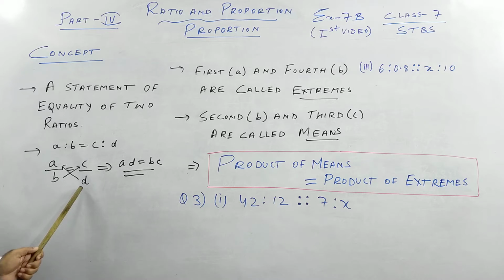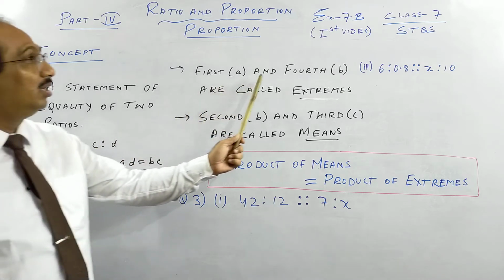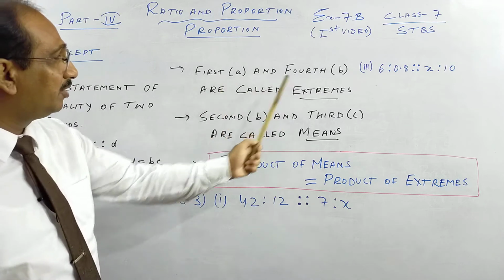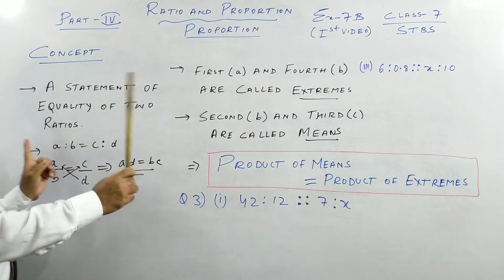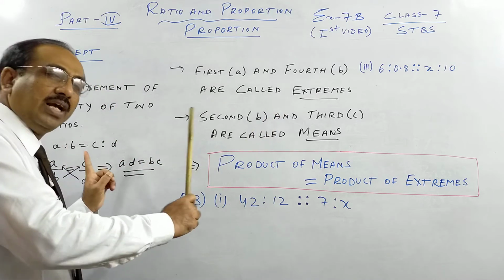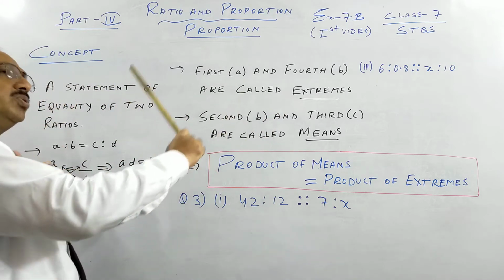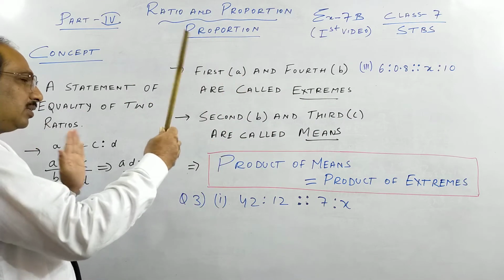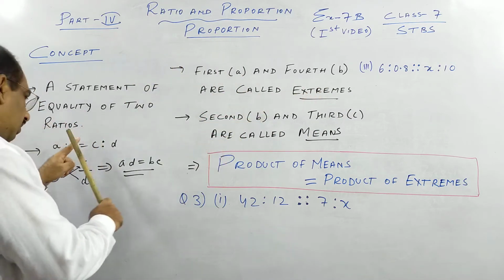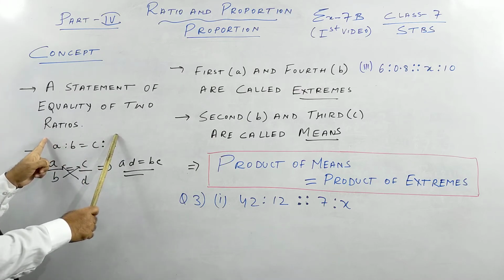So by cross multiplication we see the product of first and last, which we call extreme here, first and fourth term. A and D are called extreme. Extreme means both the ends. They are as far away from each other. Extreme means two corners. So these 2 are extreme.